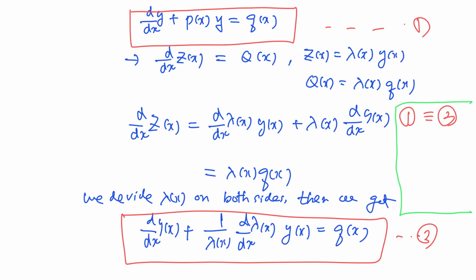Then what do we get? p(x) is (1/lambda)(d lambda/dx), which is d/dx ln lambda(x), right? So what do we need to do? Find the logarithmic derivative such that it gives p(x).